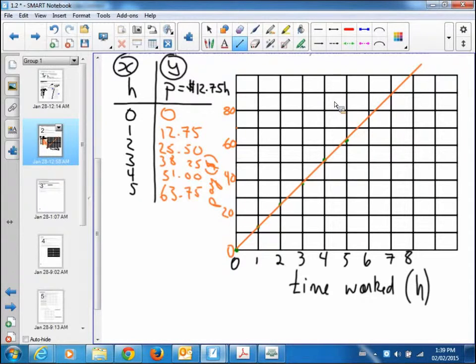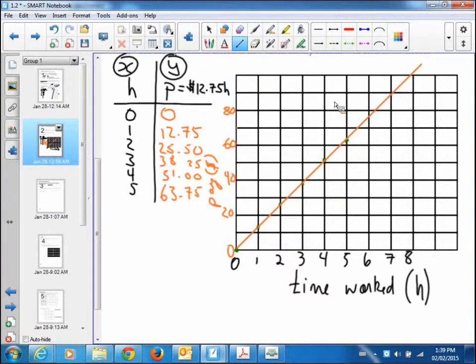If you guys are good on the graph, I'll give you a second. Then I'll talk to you about why that happened.